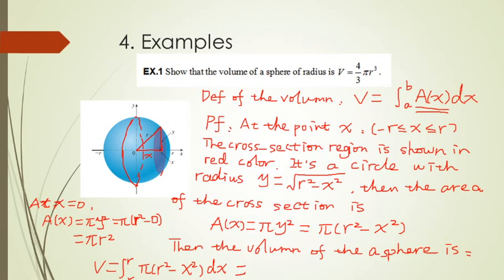So the antiderivative will be pi r squared x, right? Pi r squared actually is a constant. The radius r is given. And then minus pi times the antiderivative x cubed over 3, evaluated from minus r to r, right?